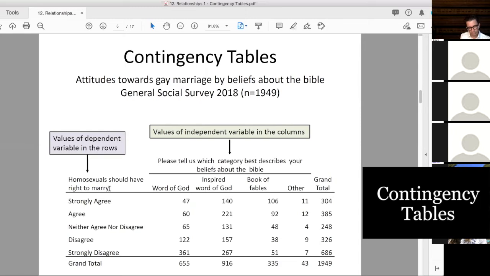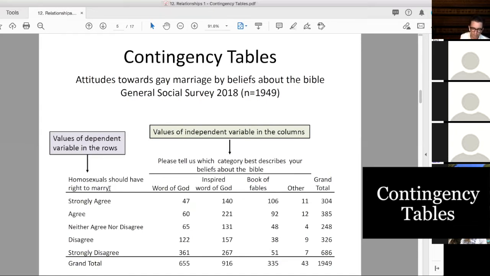And the way the question was asked in the General Social Survey was, do you strongly agree, neither agree nor disagree, or strongly disagree that homosexuals should have the right to marry? And respondents can say strongly agree, etc.